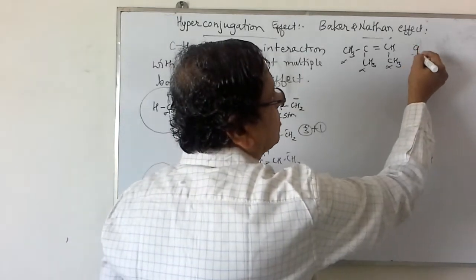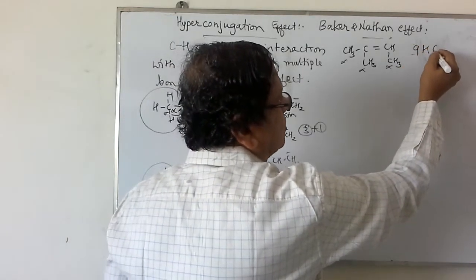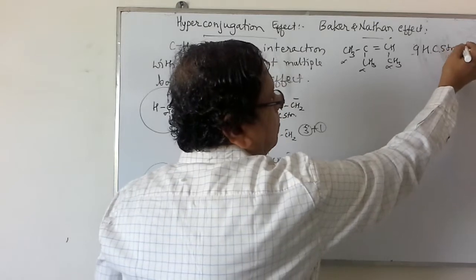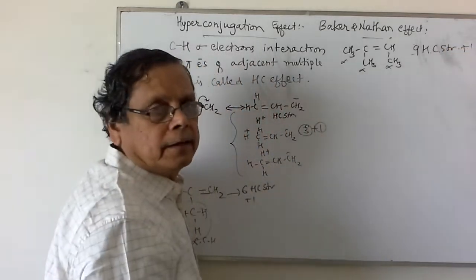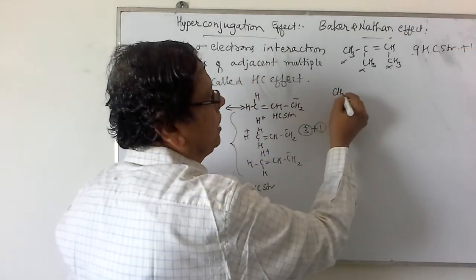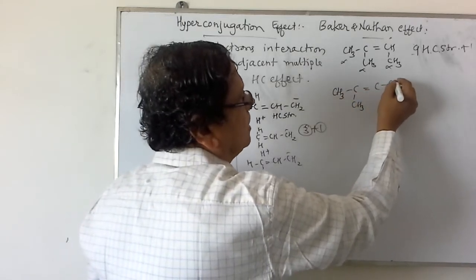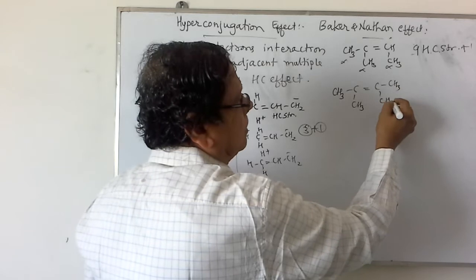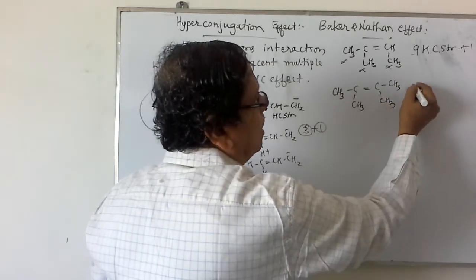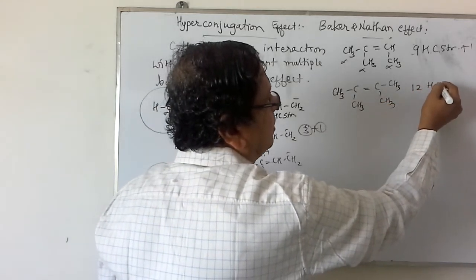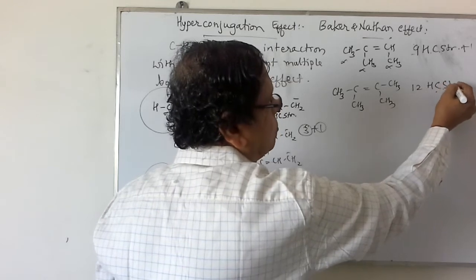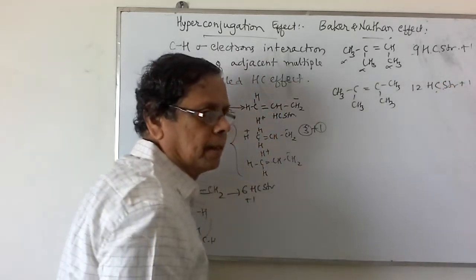That's why this will give rise to 9 hyperconjugation structures plus 1 original. Similarly, if you take CH3, C-CH3, double bond, C-CH3, CH3, this contains 12 alpha hydrogen atoms. That's why it gives rise to 12 plus 1 hyperconjugation structures.